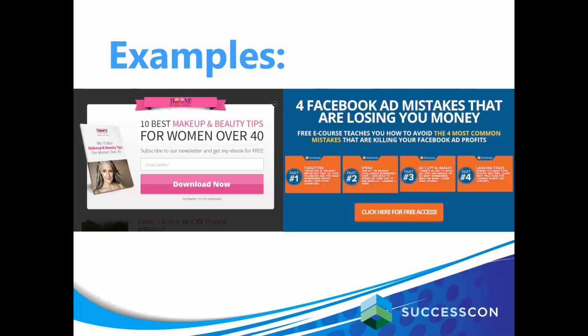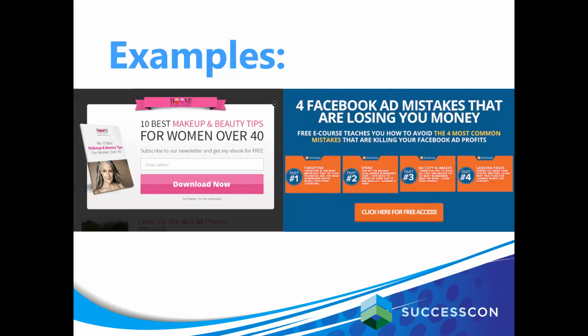They're using that quantifiable language by saying the 10 best secrets, and then women over 40. So they're specifying this is for this specific target audience. I really love that. This looks great. The only thing that I would fix personally is it only asks for the email address. I would put first name, but that's just me.